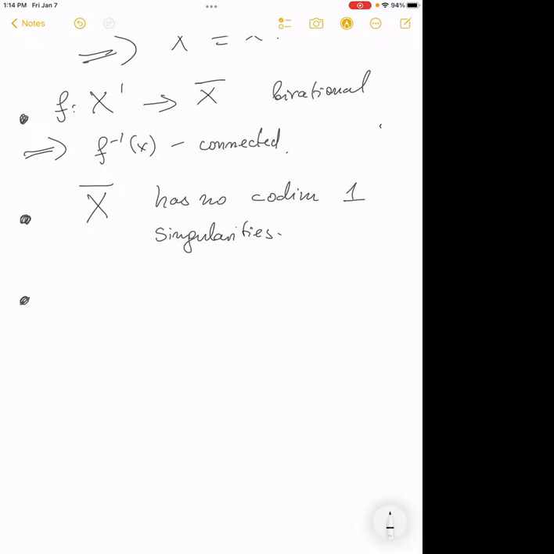Now we can give one which is in the language of complex analysis. How do we describe the normalization? So each meromorphic function on X, which is locally bounded.